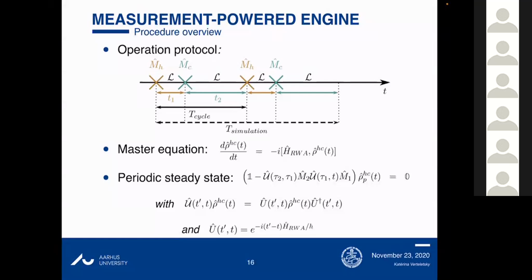But it's more interesting to actually get rid of both baths, I think, in an implementation kind of thing. But the best way is actually to measure both sides, because then you have more freedom in the way you measure. You have more control over your system. You can control how you measure them, and you have more control over those parameters. It is actually giving you a higher work production if you measure on both sides.